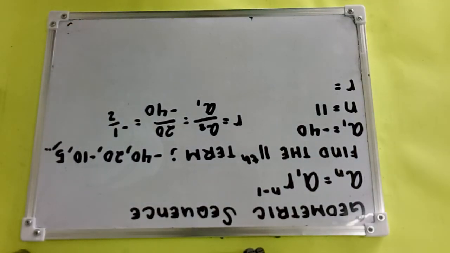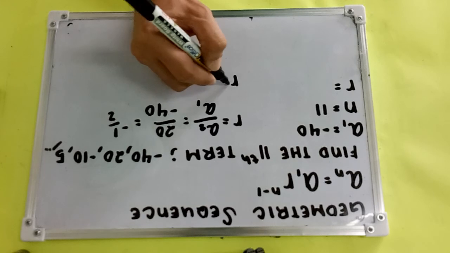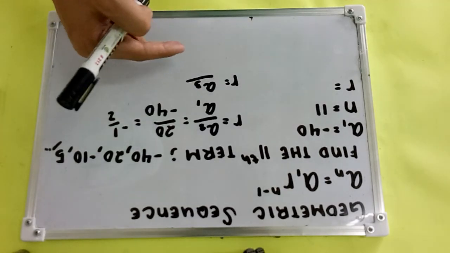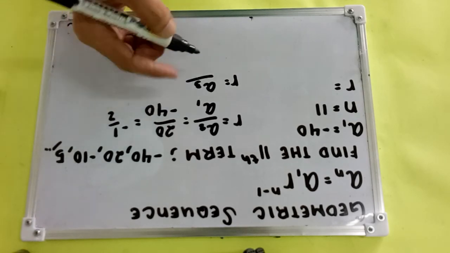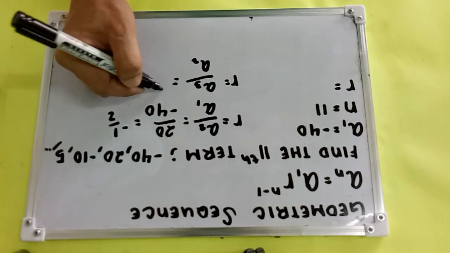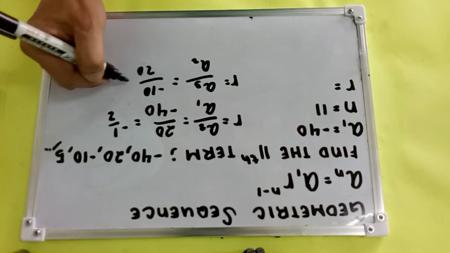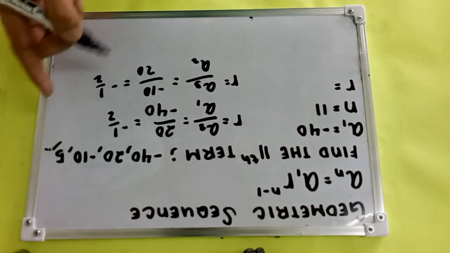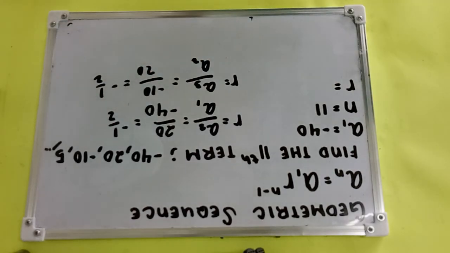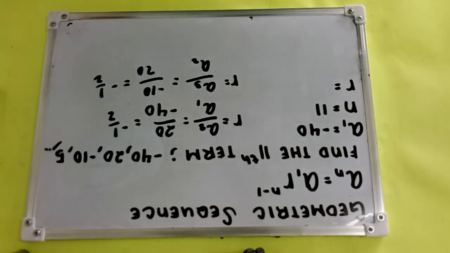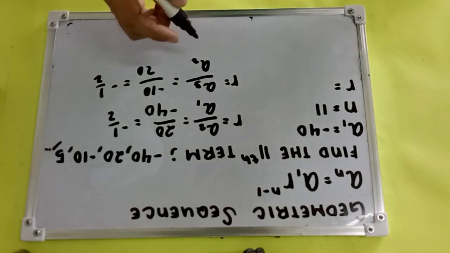Aside from a sub 2 over a sub 1, we can also use a sub 3. Yun nga lang, ang denominator niya, yung nauna kay a sub 3, which is a sub 2. So, if we use this, negative 10 over 20, we will come up with the same ratio, negative 1/2. Kaya nga tayo meron tinatawag na common ratio, kasi yung pagitan, or we have a multiplier na negative 1/2.